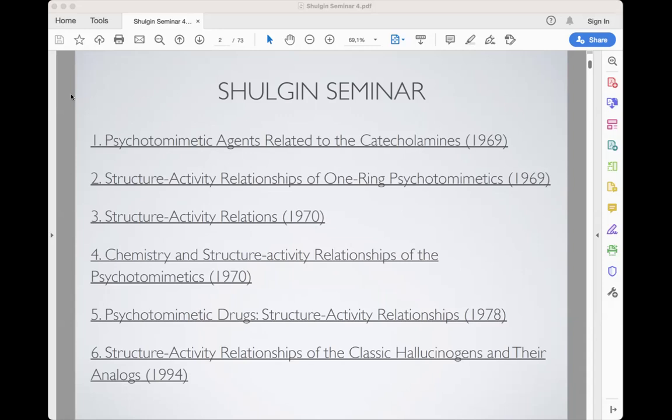Usually it was a description of particular chemical compounds discovered and analyzed with properties to some extent, but there were no generalizations on structure-activity relationships.